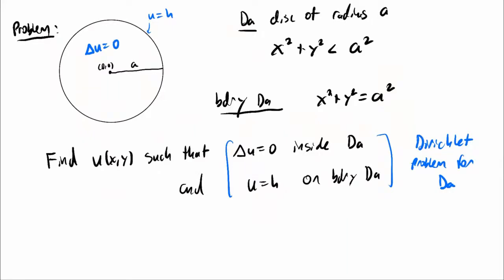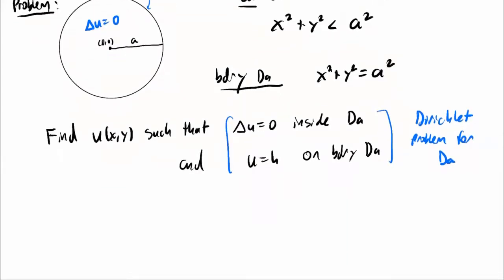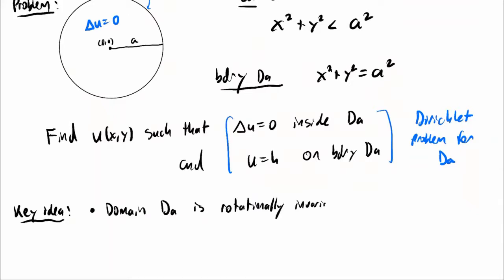So let me write this out. This is the key idea. The first point is that the domain D_a is rotationally invariant, meaning if I rotate the domain about the origin, it doesn't change the domain. If we rotate about the origin, the domain stays the same.